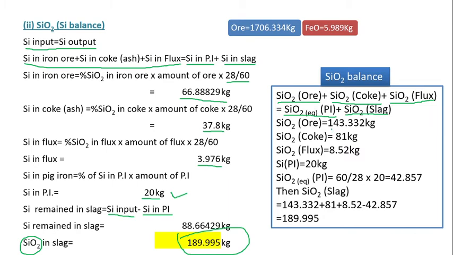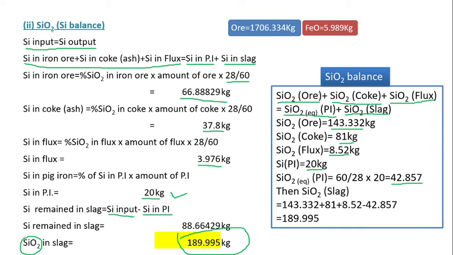SiO2 in the ore 143, SiO2 in coke 81 kg, SiO2 in flux 8.52 kg, and the silicon in the pig iron is 20 kg, or the silica in the pig iron is 42.85 kg. Then we can calculate SiO2 in the slag.